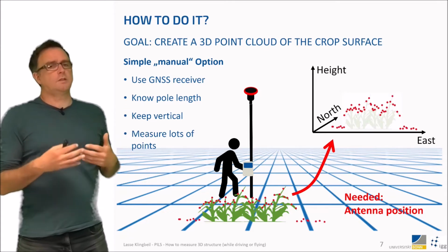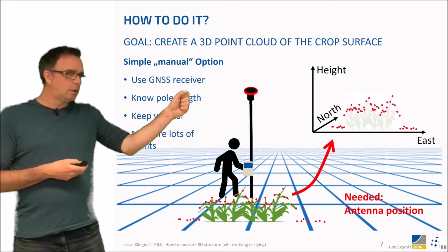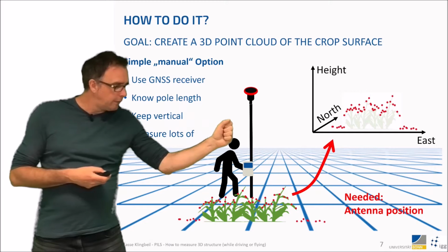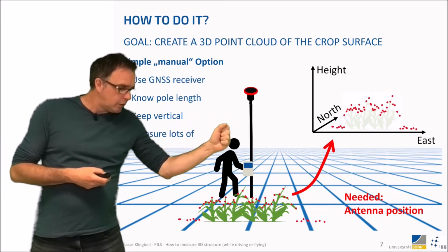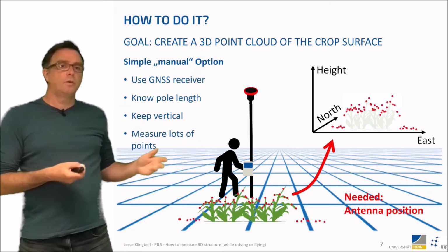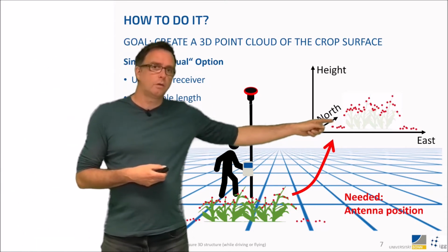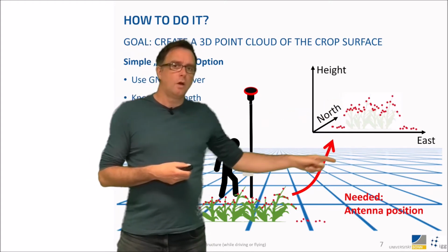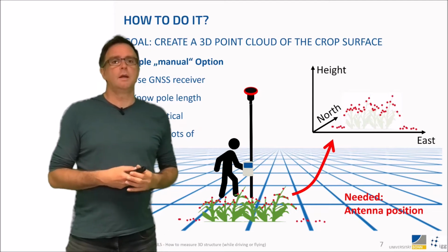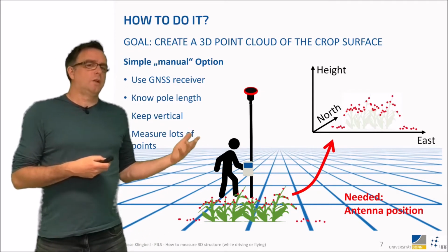But it serves just as a simple example where we go there with our stick, hold it vertical, and know the length of the stick. We go to the plant, touch the surface of the plants and measure the points, right? With this, we can generate a point cloud looking like this. Each of those is a GPS measurement of the tip of that measurement device. So the only thing we really need is a sensor system which generates positions.